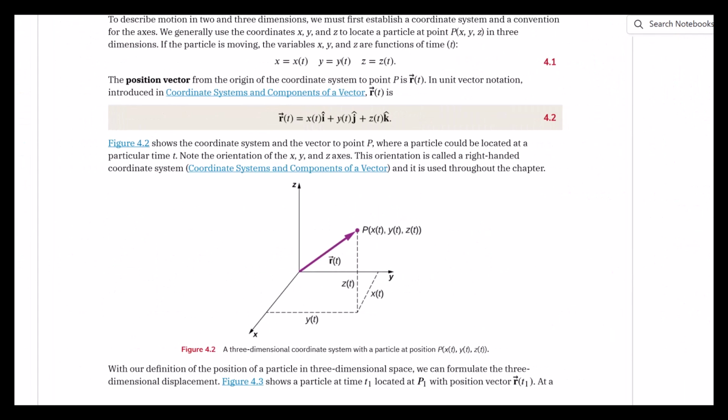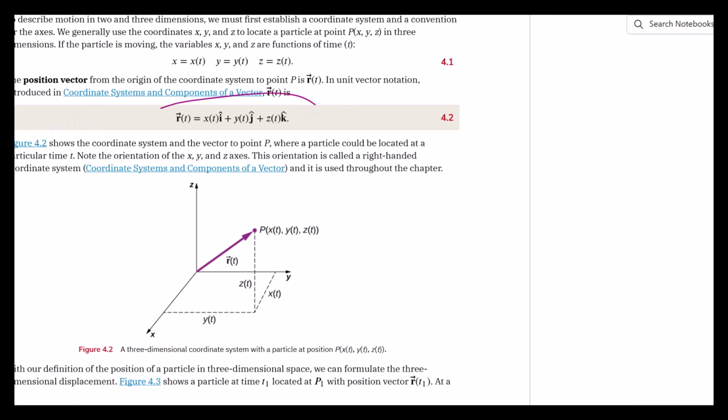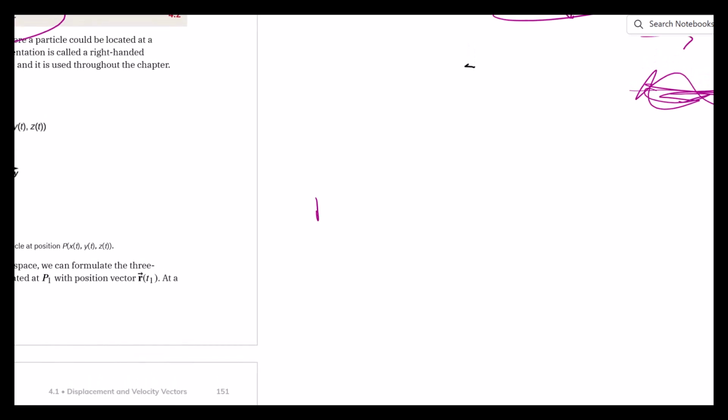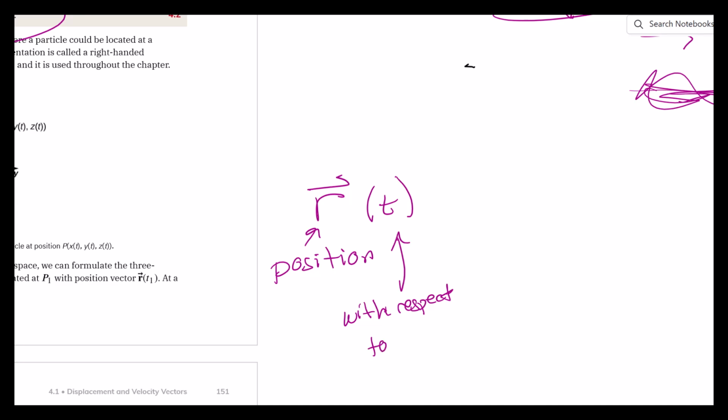Okay, so this is what this is talking about: you can have a vector that expresses itself as r of t, which is a position, a function with respect to time. So at time 30 seconds, what's my position?